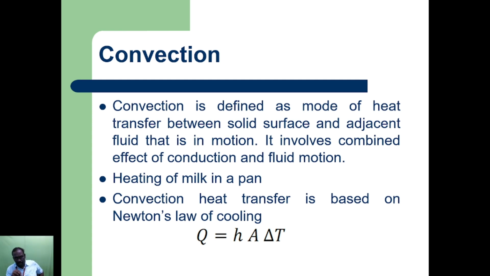Heat transfer takes place only when there is a difference in temperature, no other way. A is the heat transfer area, and H is the heat transfer coefficient. Q equal to H A delta T.